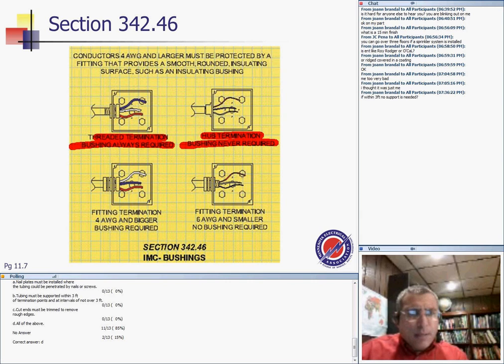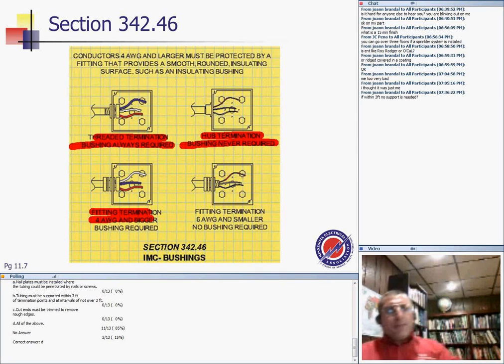If you have non-threaded fittings like this one, you need it only if the conductor is number 4 or larger. If conductors are smaller than number 4, then you don't need it. So number 6 and smaller, no bushing is required.